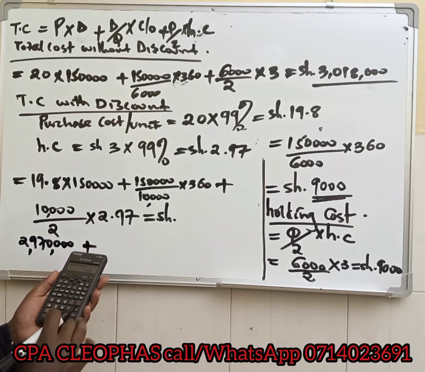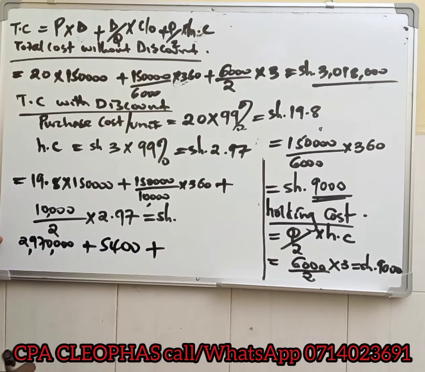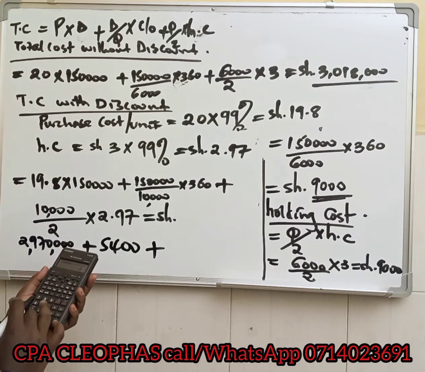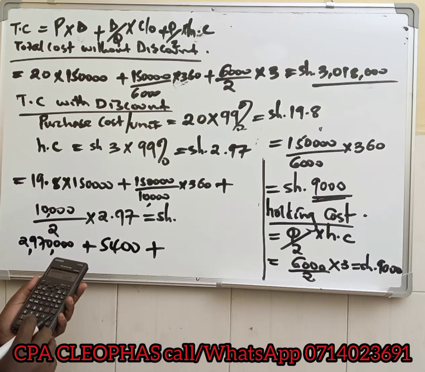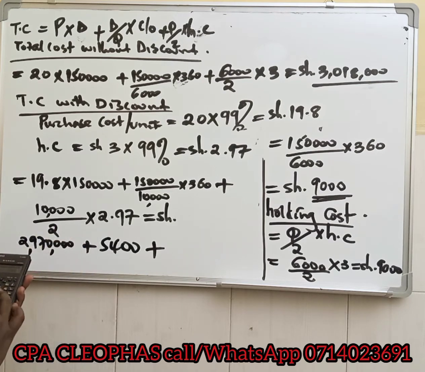So the cost of ordering is now 5,400. Plus the cost of holding: 10,000 divided by 2 is 5,000, times 2.97, which is 14,850.